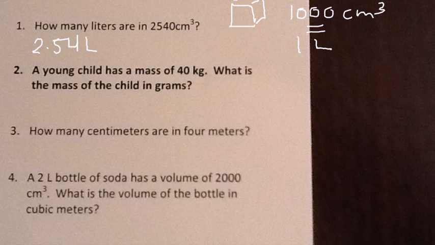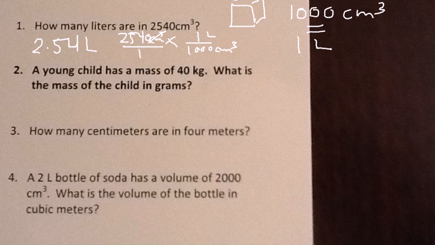If we want liters at the end, we need a factor that equals 1, and we just multiply times it. So 1 liter equals 1,000 cubic centimeters, and we multiply 2,540 cubic centimeters times that.